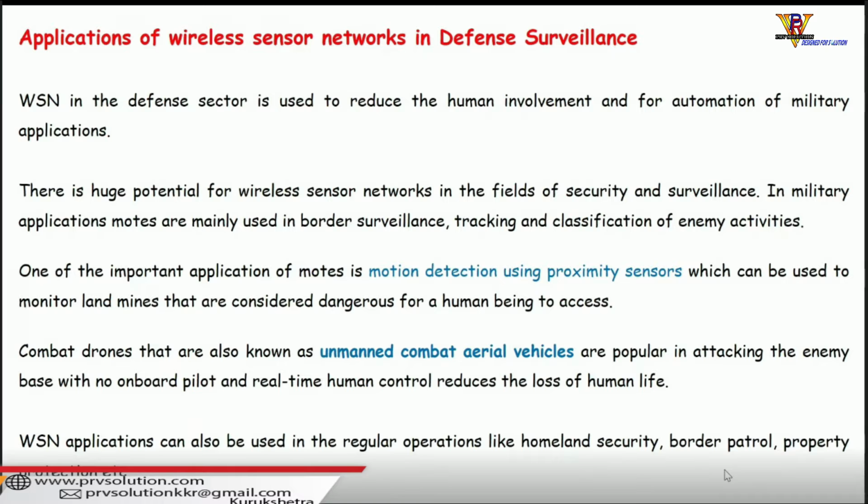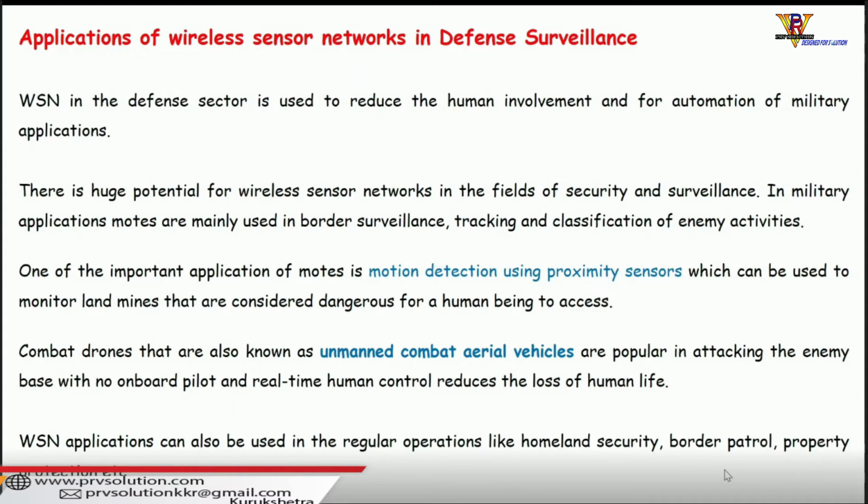There is huge potential for wireless sensor networks in the field of security and surveillance. In military applications, motes are mainly used in border surveillance, tracking and classification of enemy activities. One of the important applications of motes is motion detection using proximity sensors, which can be used to monitor landmines that are considered dangerous for human beings to access.